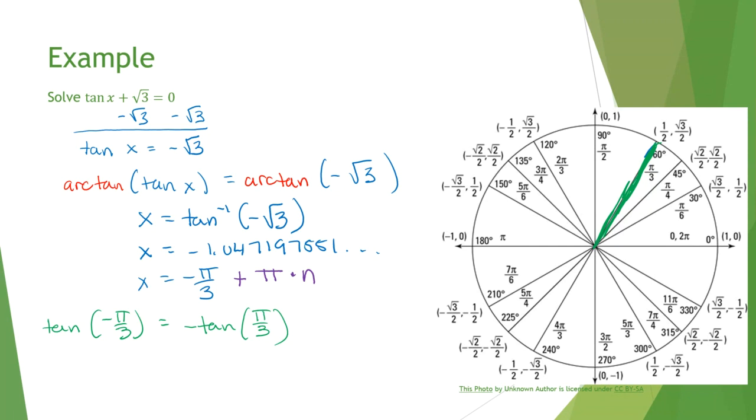So we really want to write this as x equals 2 pi over 3 plus pi times n. And that will make sure that we get each value in our unit circle that is going to make that equation true.